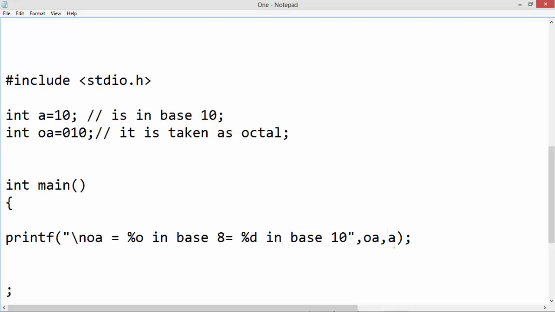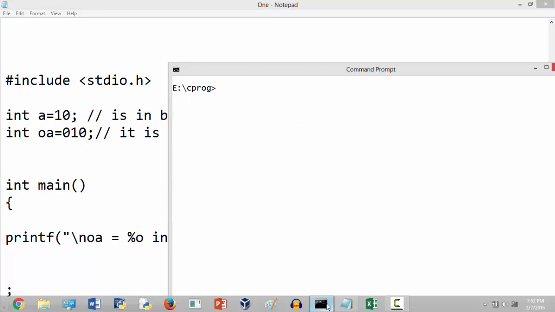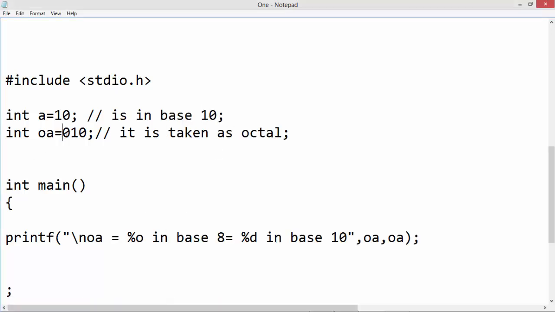Oh, I have to display oa, I'm sorry. It is nice to have these errors because we are doing extempore. See, oa, which is 010 in base 8, is 8 in base 10, isn't it? So it is recognized like this.